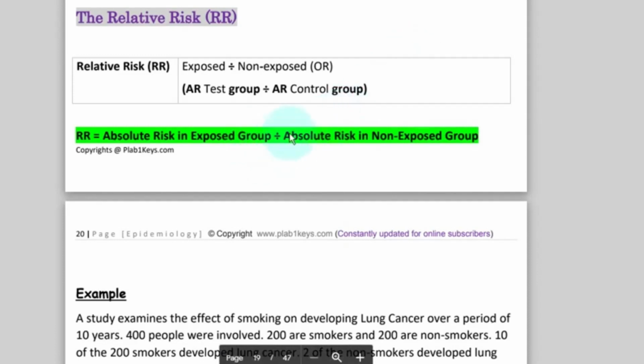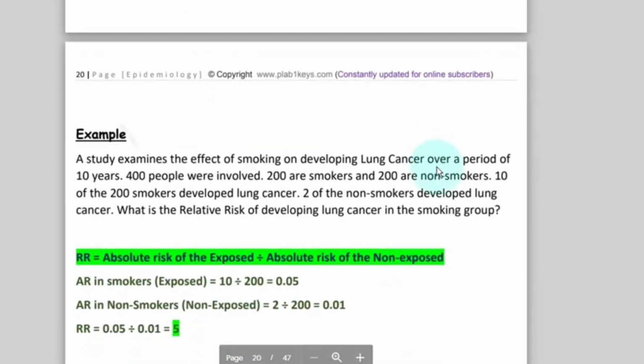It is a factor. Numbers have absolute value. When you divide something, you give a times value or a percentage. So absolute risk in the exposed group divided by, not minus, divided by absolute risk in the non-exposed group.